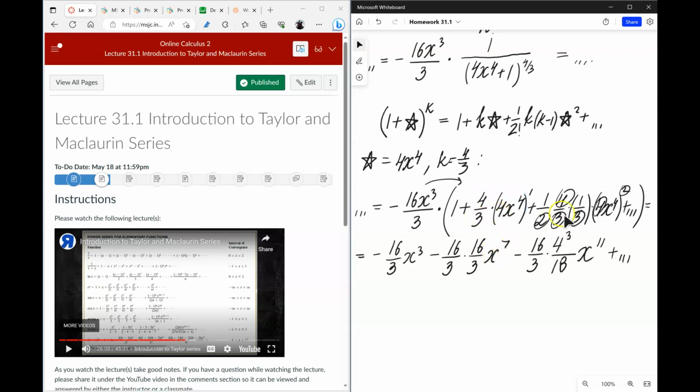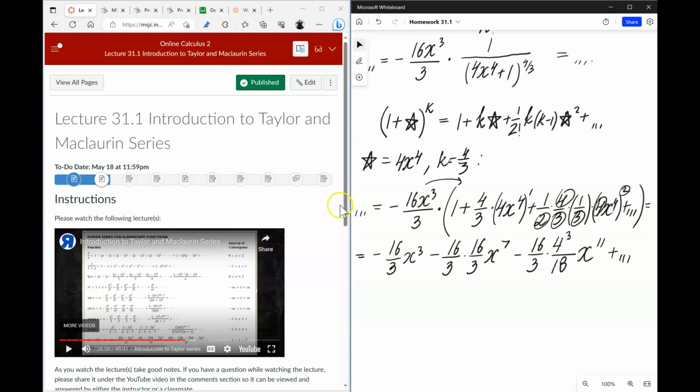That's fine. Now here we have 4 squared times this 4, that's 4 cubed, times this 16 in the numerator. In the denominator we have 3 times 2 times 3 times 3, that's 18.